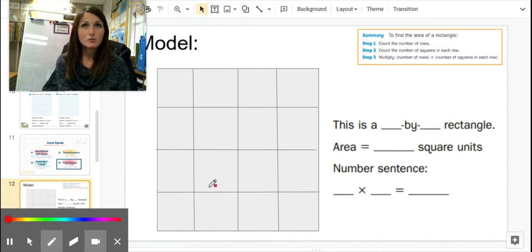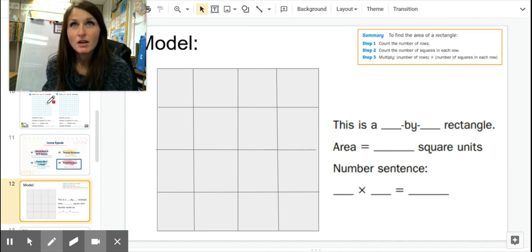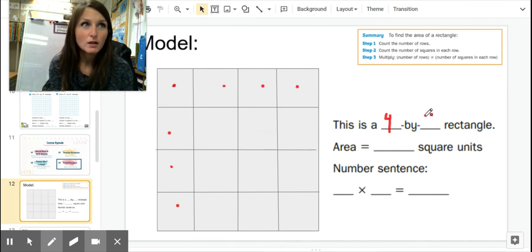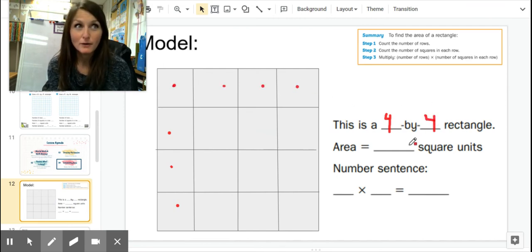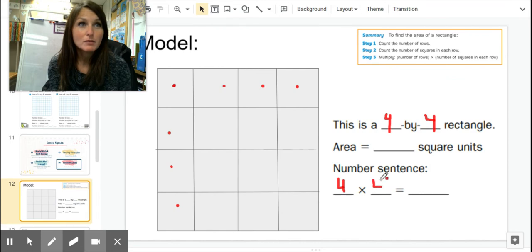So here is a rectangle, and I need to count the number of rows. On the last one, we drew it and I told you what it was called. Now you have to write it. So now it is 1, 2, 3, 4. So it's a 4 by 4 rectangle. I figured out the area last time. If I don't remember, I can just multiply 4 times 4.